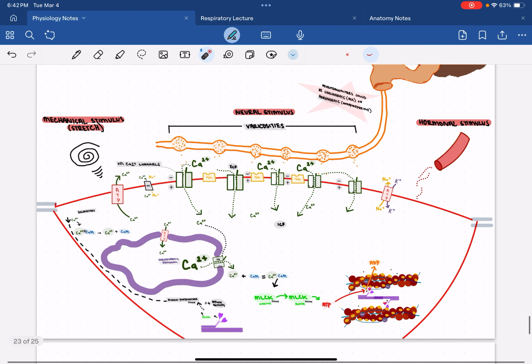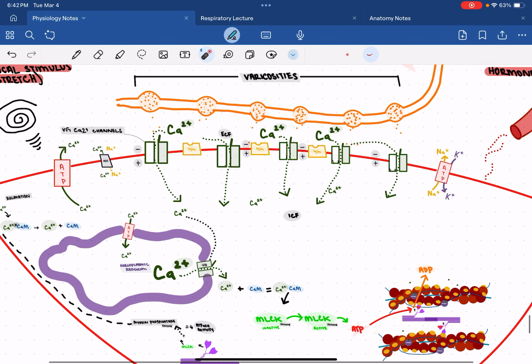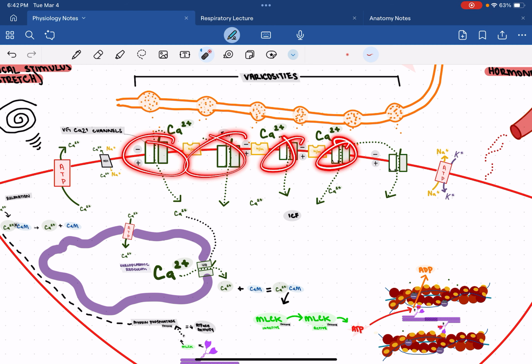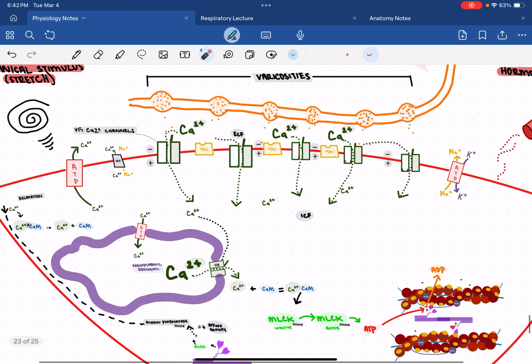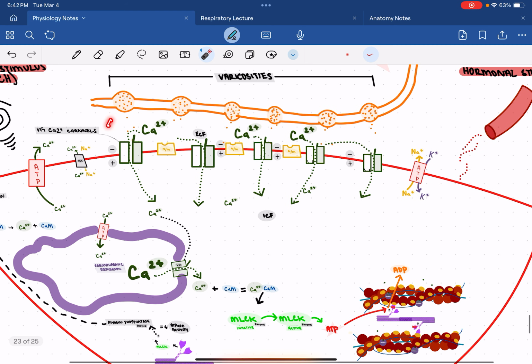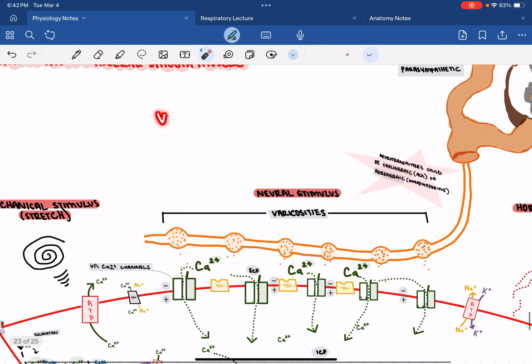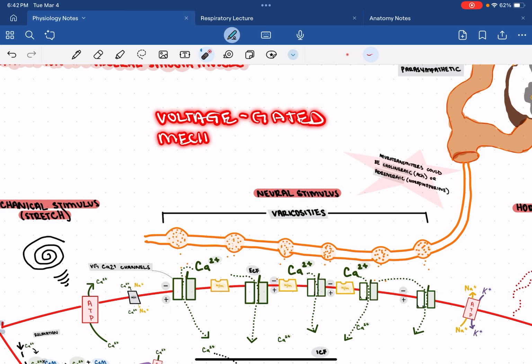So for this specifically, we're just going to say there is some sort of stimulus, and this stimulus triggers the sarcolemma to open up our calcium channels. Like I said before, they could be voltage gated, mechanically gated, or chemically gated.